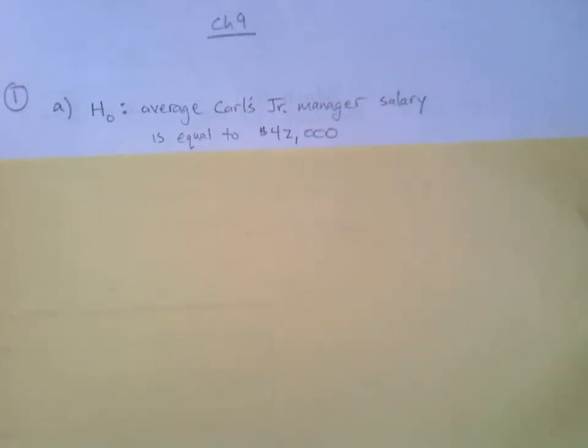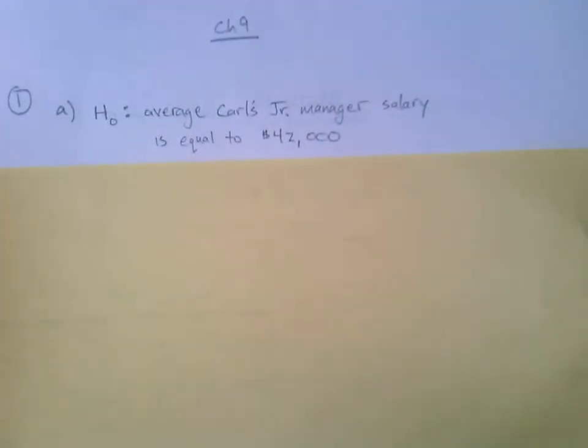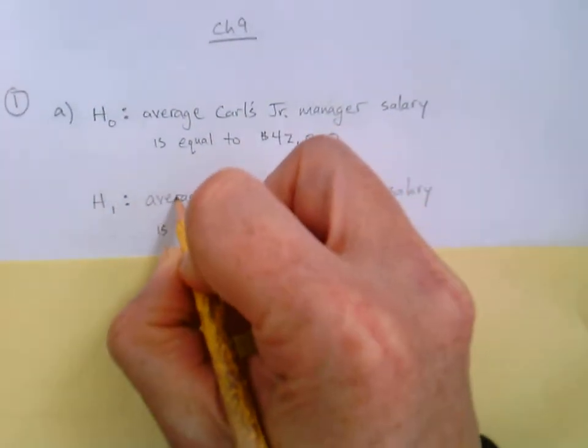Okay, well, then what is the alternative? This is going to vary a little bit from problem to problem. We think of it as the opposite of the null, but let's see the average. So we're going to assume it's not equal to 42,000. I had to read that one more time.